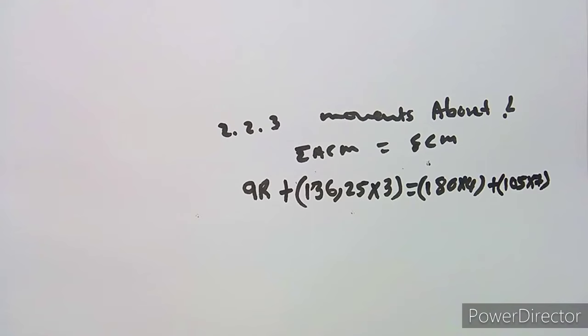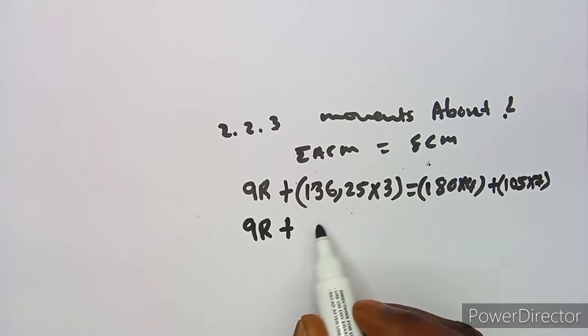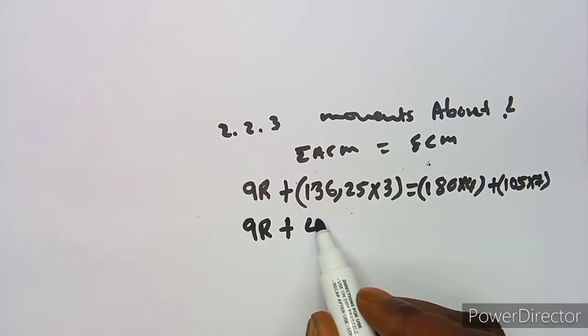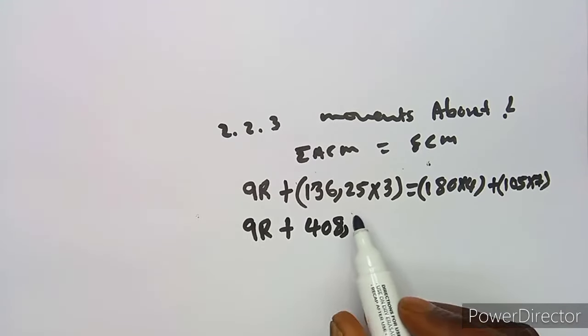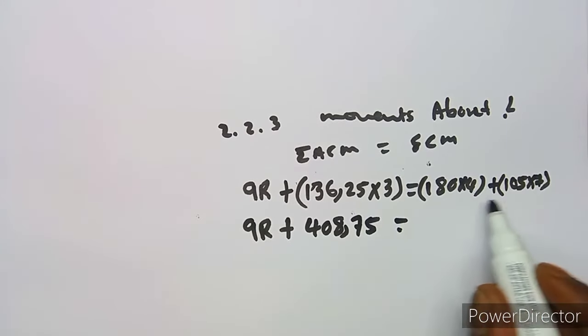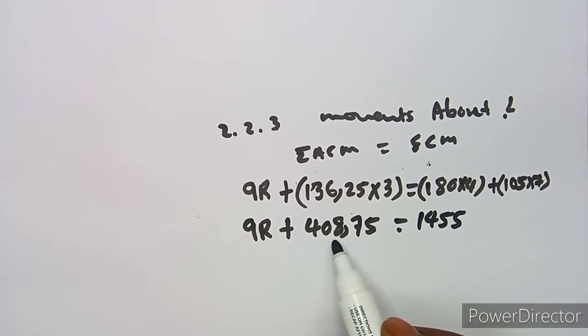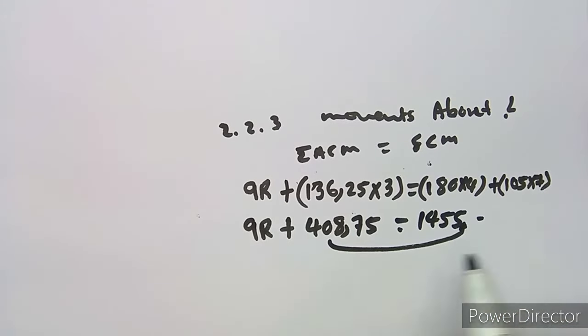All right, so now since we want to calculate R, that means we have to solve for R, or to make R the subject. So that's gonna be 9R plus, you combine these two, which is 408.75. All right, so if we combine these two here, we are going to obtain 1455. Then definitely you have to transpose this, which is going to be a negative.